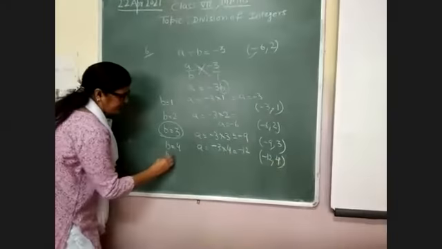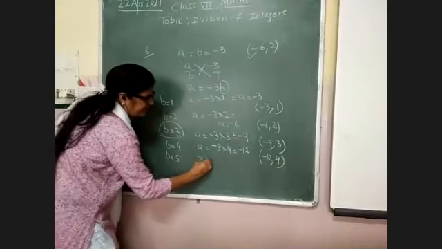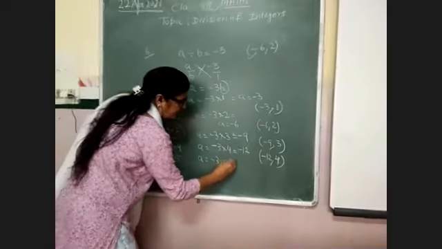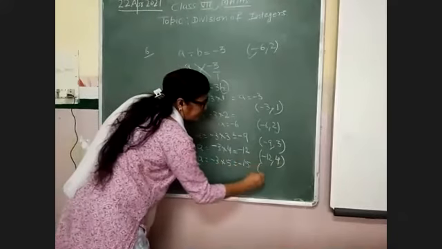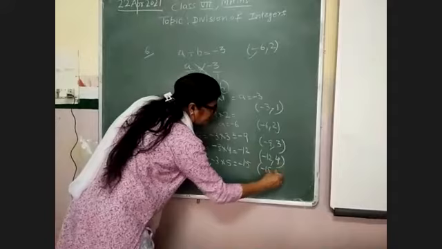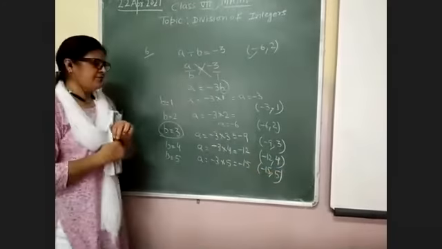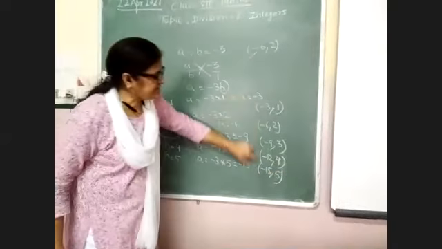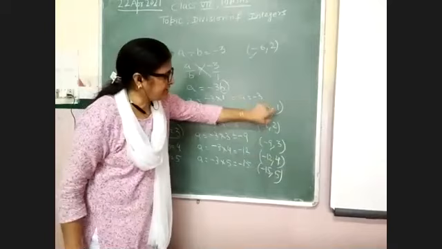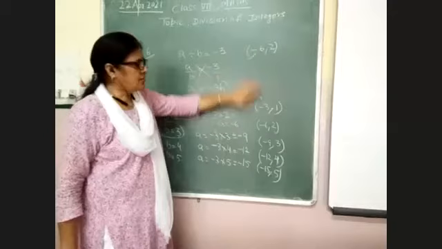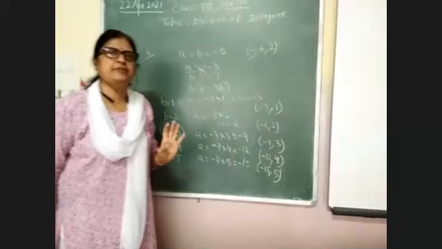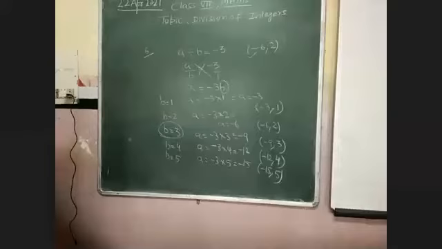Or when you take B equal to 5, then A equal to -3 into 5, that is equal to -15. Your next pair is -15, comma 5. A is this number and B is this number. One pair is already written. Okay, I write down all the 5 pairs. This question, please.